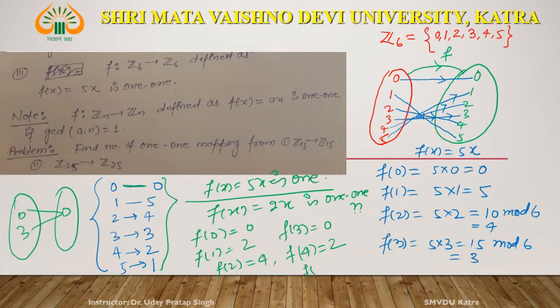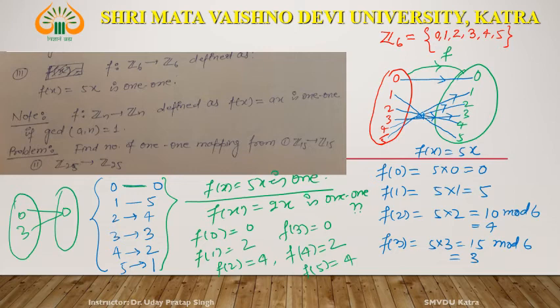F of 5 is equal to 4, right? And this is a function. This is a function but not 1-1.